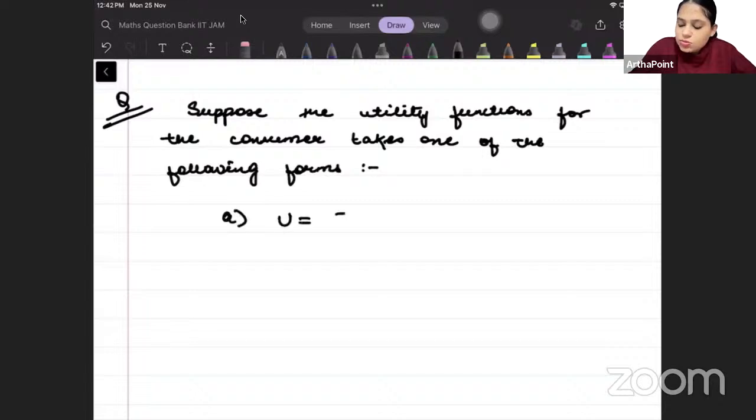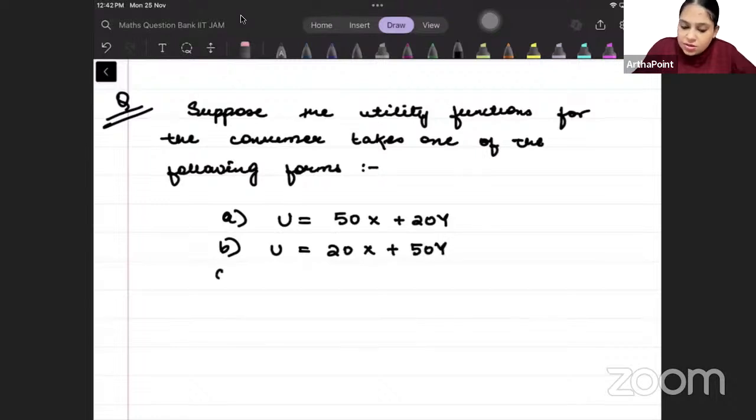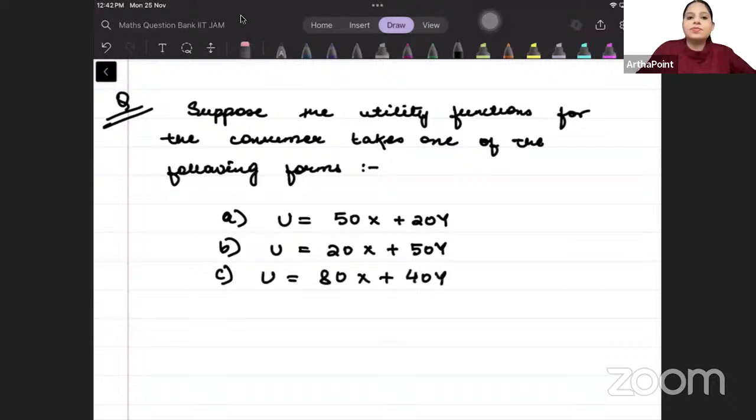U is equal to 50x plus 20y. U is equal to 20x plus 50y. U is equal to 80x plus 40y.